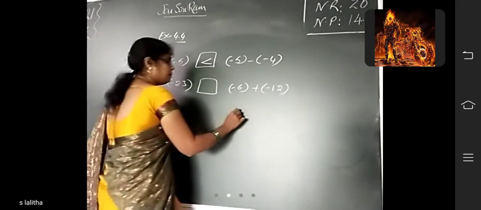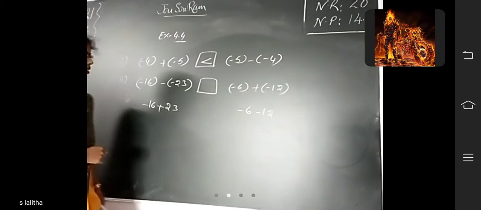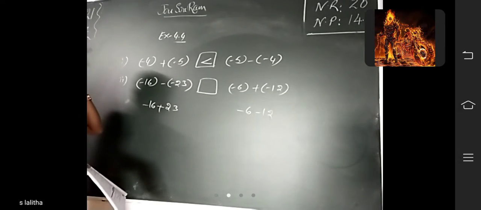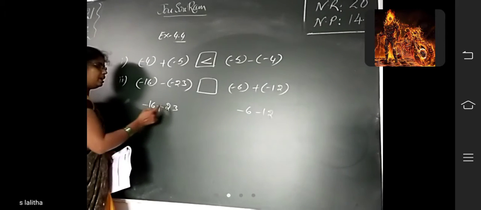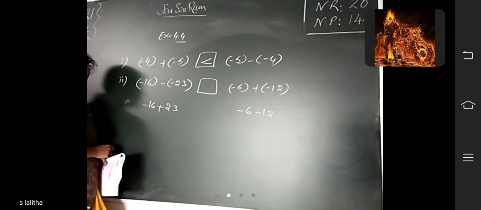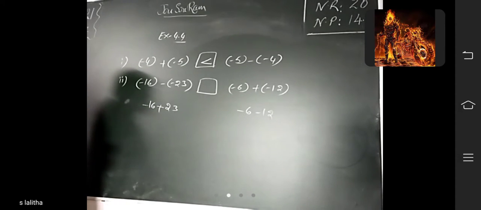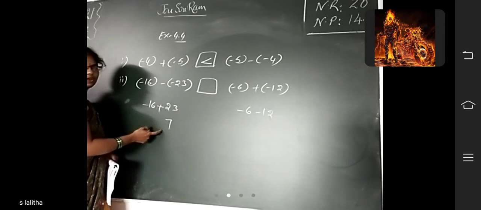Next here, -6 plus of minus 12. So 23 minus 16. How much? 3 minus 6, can you do? No. So take one borrow here. 13 minus 6, how much? 7. Here 1 minus 1, 0. So what is the answer? 7.